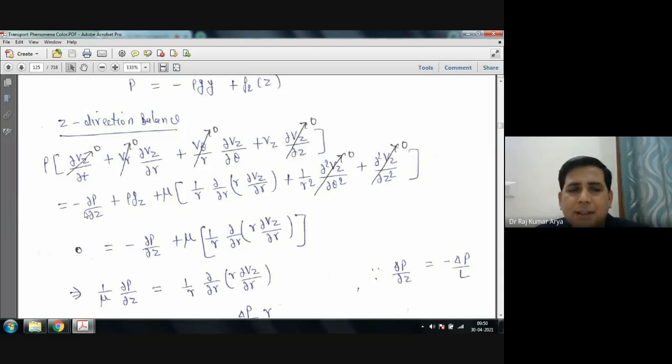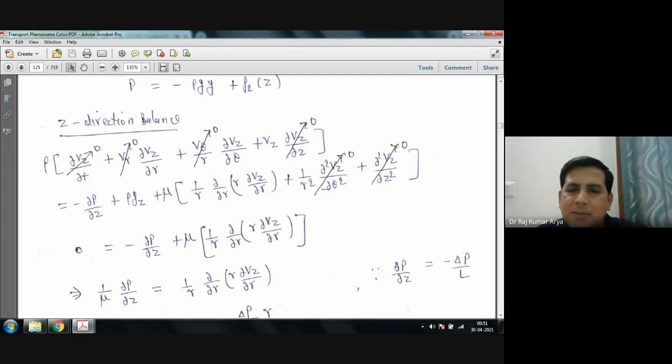Now on this side you have your pressure gradient, minus del P upon del z. You have rho g z component, and these are all your viscous stresses actually. Now in this, the second term you can rewrite here as del upon del theta of del V z upon del theta.